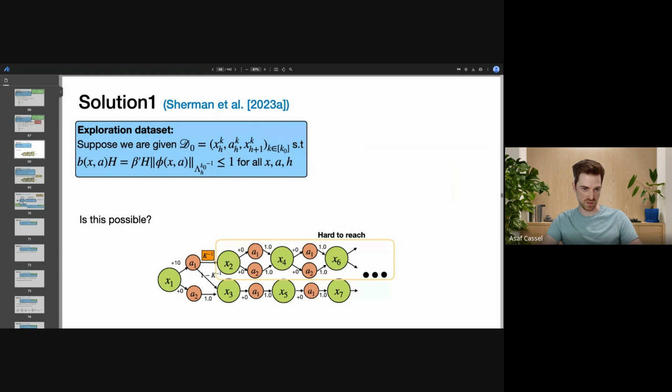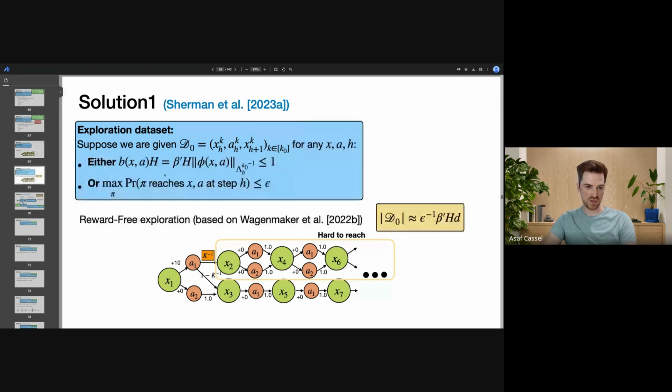And so what Sherman et al. actually suggest is instead to get this kind of data set, that ensures that for a given state, action and decision horizon, either the bonus is bounded, or the probability of reaching this state action at decision step h for any policy is smaller than epsilon.